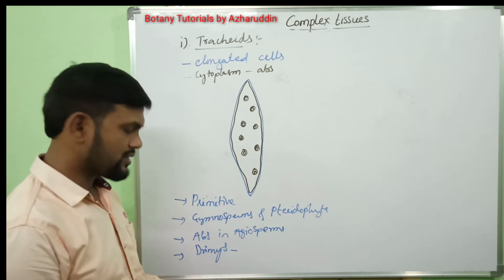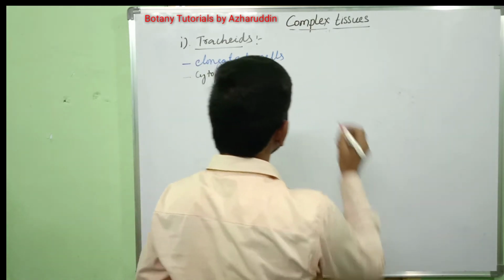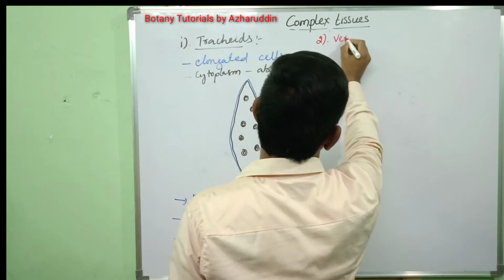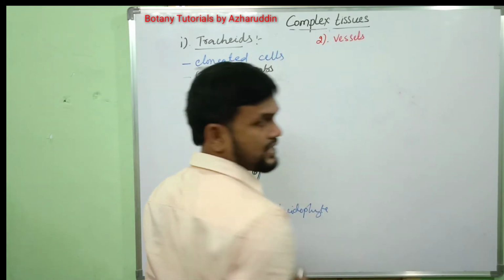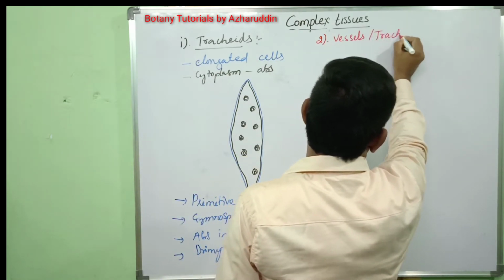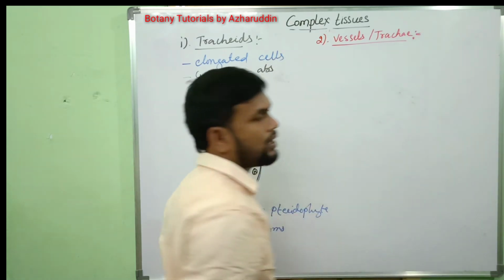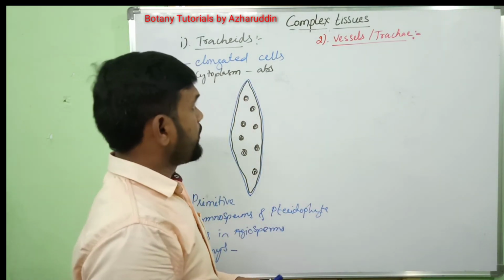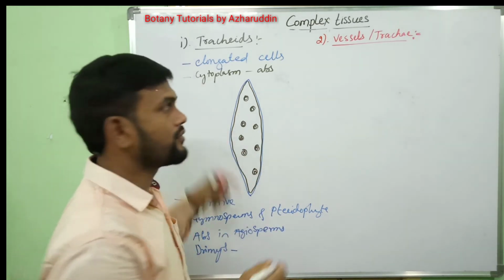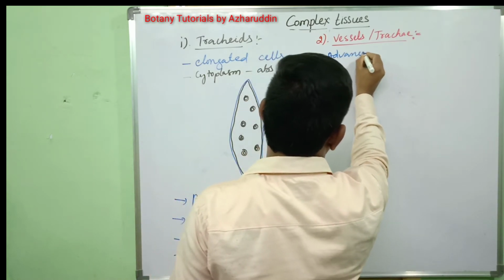Next, coming to the second element, xylem vessels. These vessels are also known as trachea. Vessels are more advanced than tracheids.